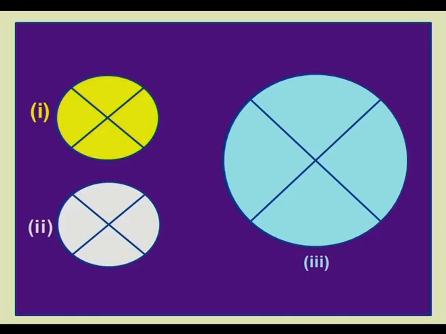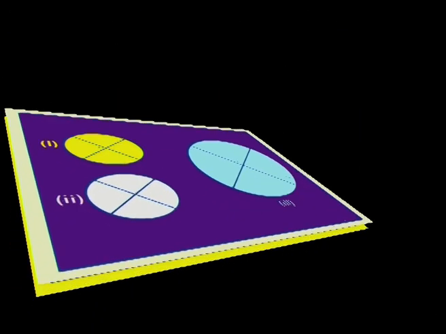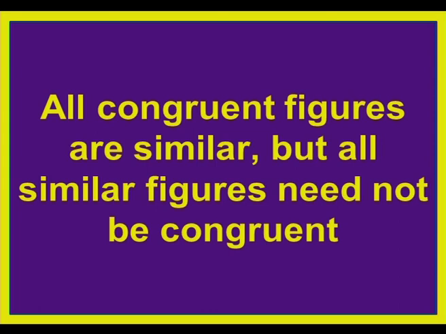We say that first and second figures are congruent, but first and third figures are not congruent. But we say first and second are similar and first and third are also similar as they have the same shape. So, we can say, children, all congruent figures are similar, but all similar figures need not be congruent.